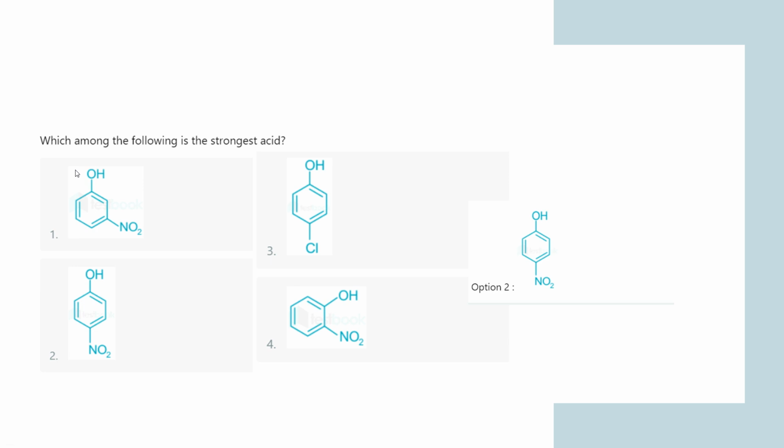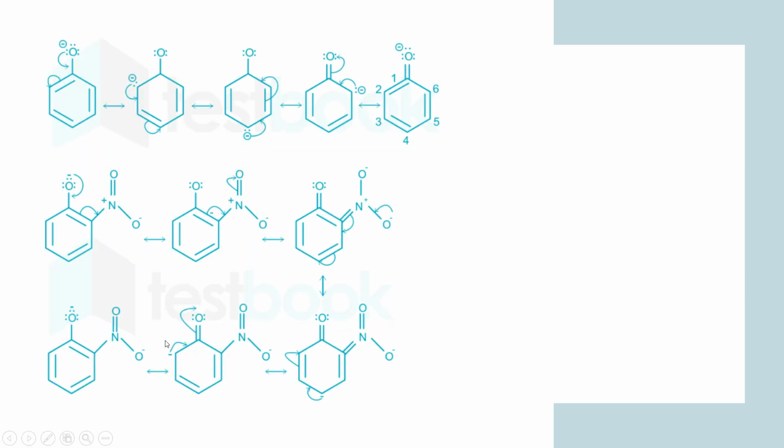And what happens when the nitro group in phenol is present on the ortho and para positions, they have more electron withdrawing effect by mesomeric effect and their electronegativity effect. Two electron withdrawing effects are working in case of orthonitrophenol and paranitrophenol.